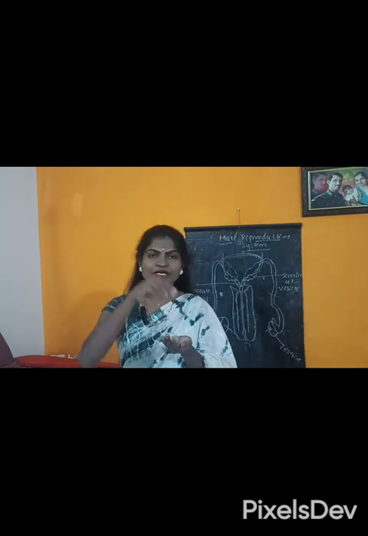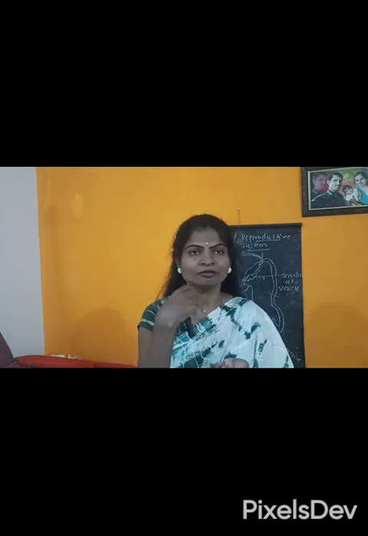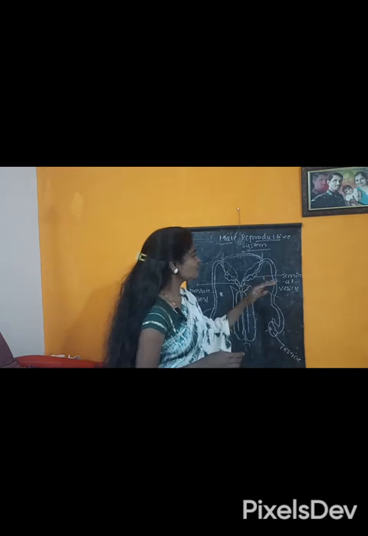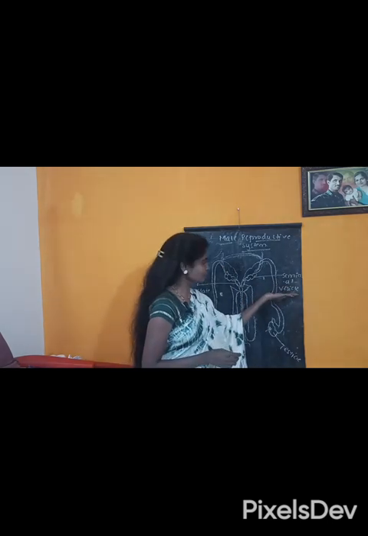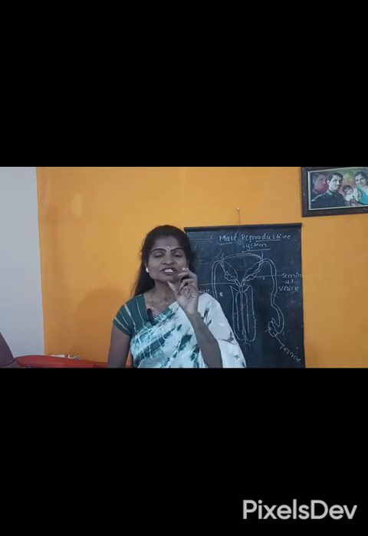When the sperms enter the semen, the volume of the sperms and the motility of the sperms increase. That motility is increased by the semen secreted by the seminal vesicle, and semen is also alkaline in nature.